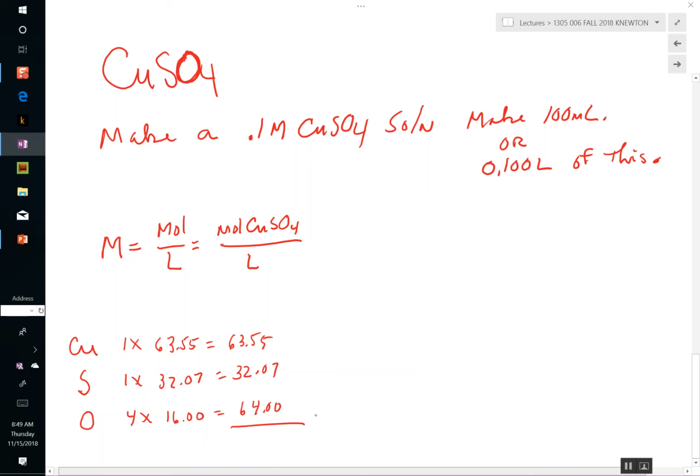What do we get as a molar mass? Okay, did everybody get that? 159.62 grams per mole.